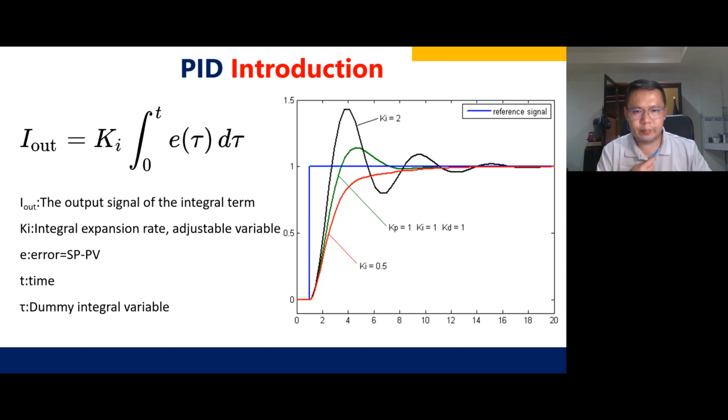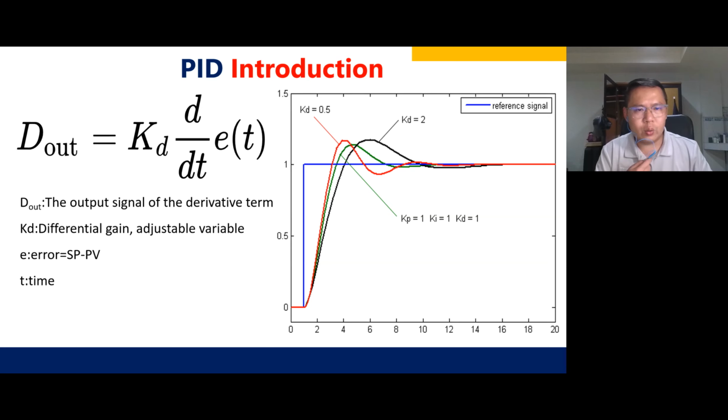Next is the explanation of derivative. The rate of change of the process error is calculated by taking the slope of the error and multiplying it by the derivative gain. The influence of the derivative term depends on the derivative gain Kd.